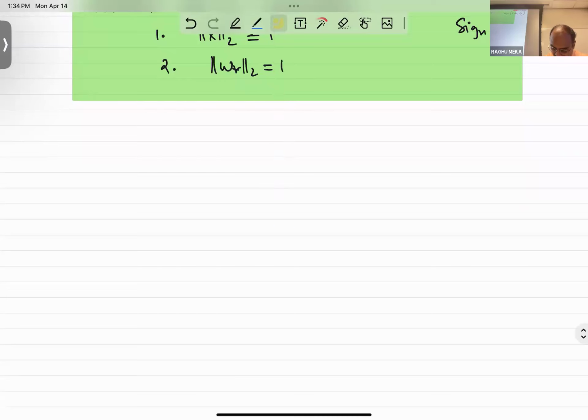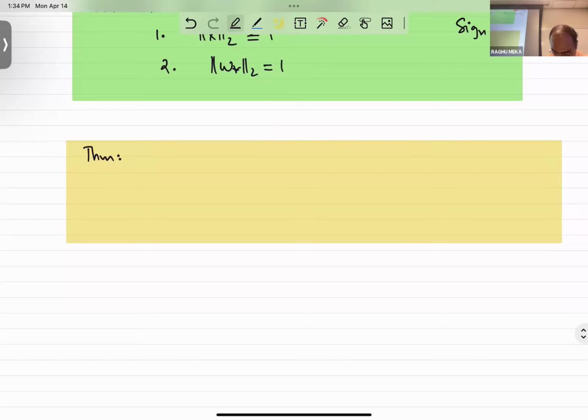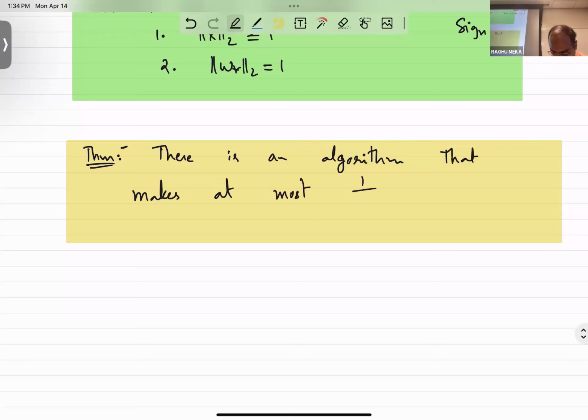All right. And one of the oldest theorems, I would say, in online learning is this very simple result: that there is an algorithm in this online learning setting where the true labels are coming from a half space which has a margin, and that algorithm makes at most 1 over gamma squared plus 1 mistakes.